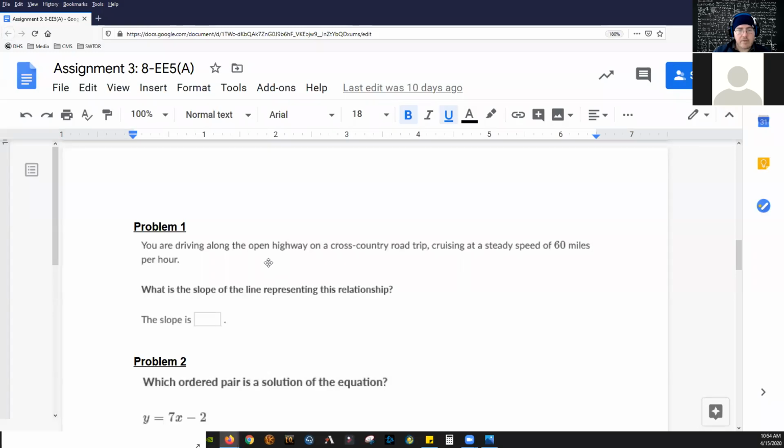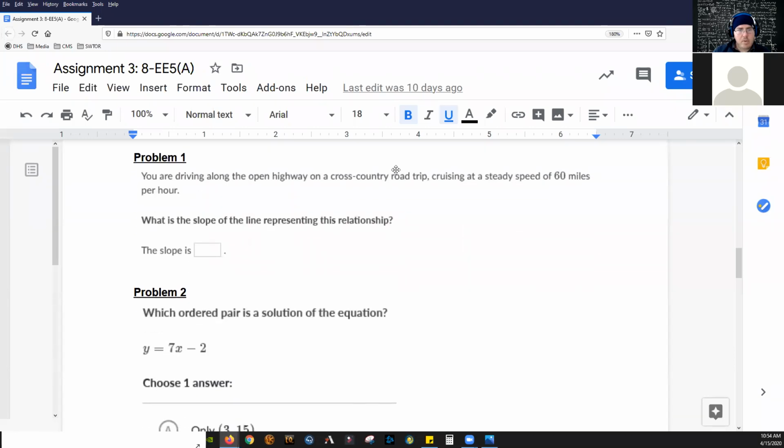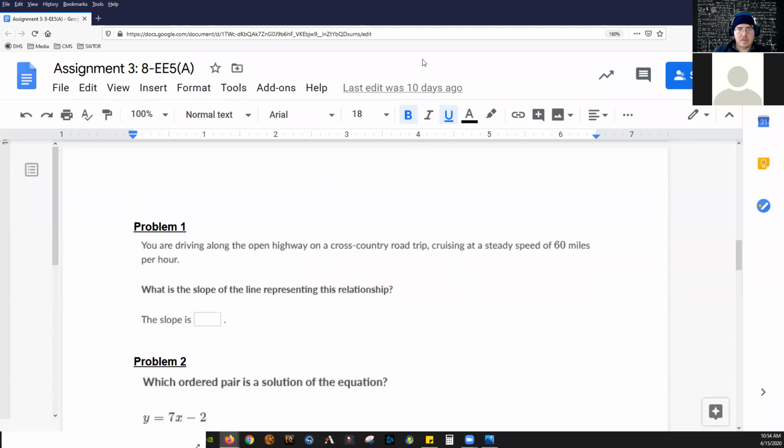You're driving on a road trip. Okay, so I'm just gonna give you guys some hints on this. So when it says a speed of 60 miles an hour, they are wondering, when I say they, I mean the people that wrote this question, they're wondering if you understand that these things mean the same thing.